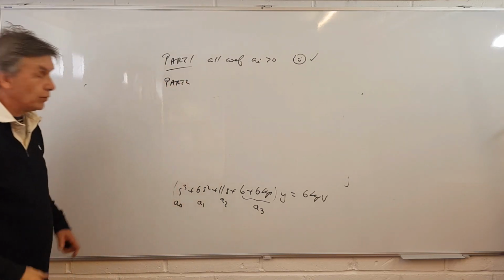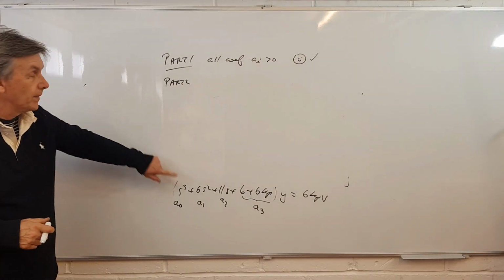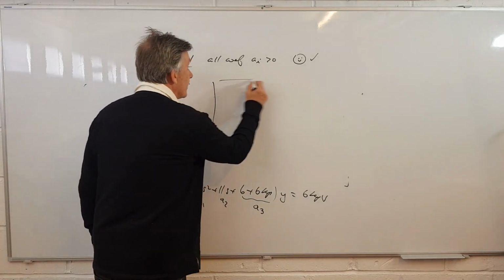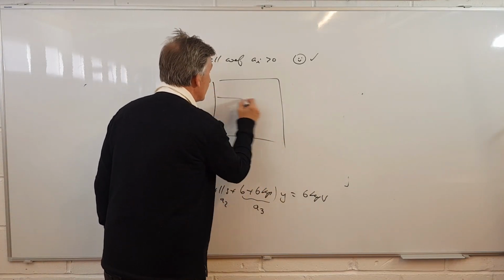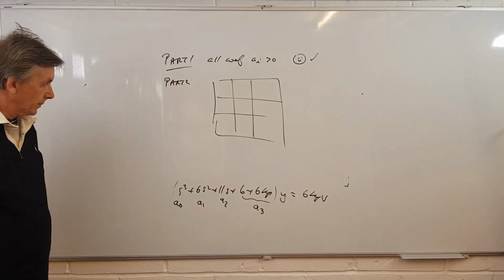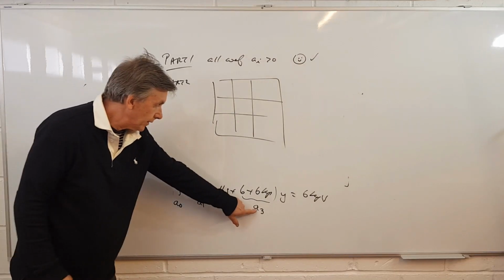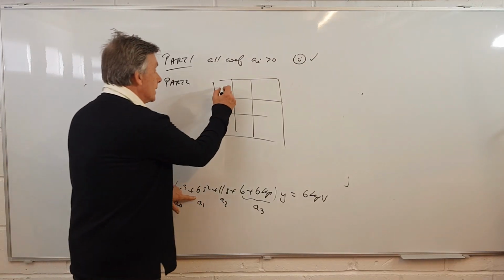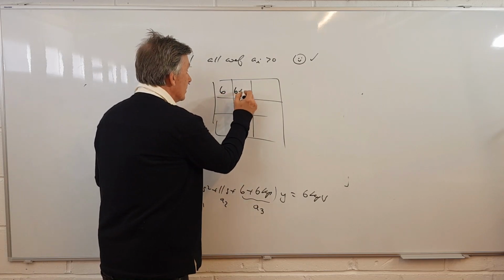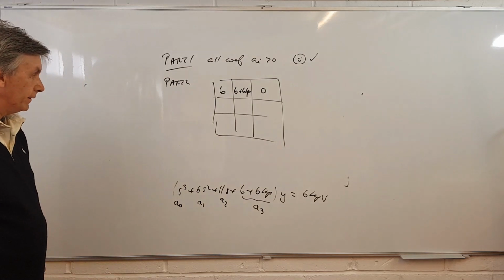And for this we have to form the Hurwitz matrix, and because it's a third order system, the matrix is going to be a 3 by 3. So we've got a 3 by 3 matrix here. And with the Hurwitz stability test, we put the odd coefficients in first. That's A1 and A3. So A1 is going to be 6, and A3 is 6 plus 6 Kp, and there's no A5.